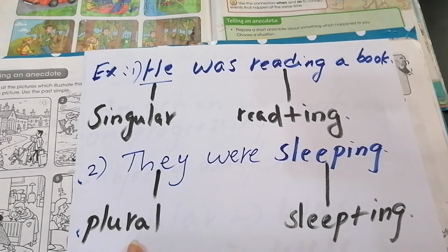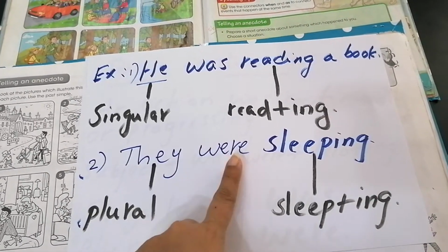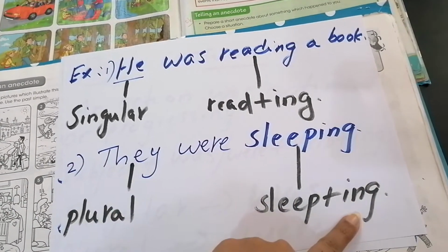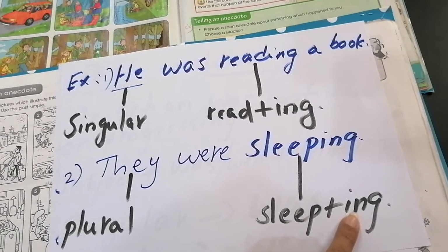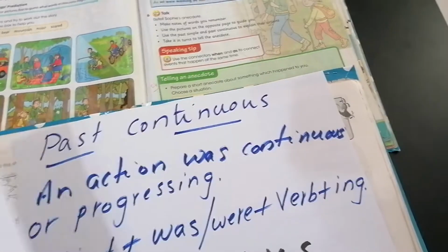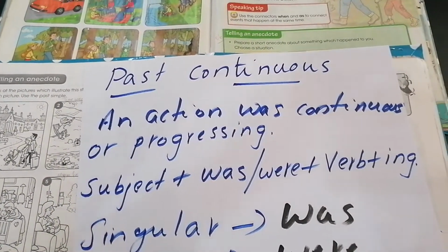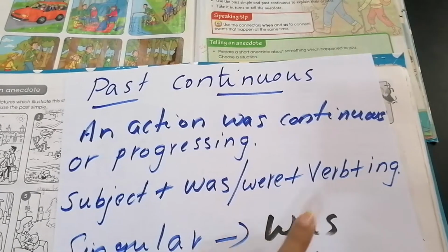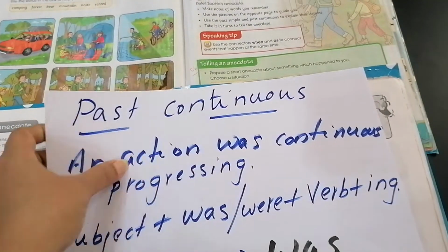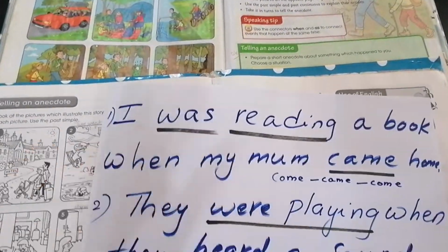They means more than one, so it is plural, and if it is plural, we use were. And sleeping means sleep plus ing, verb plus ing. So past continuous means an action that was continuous or progressing, and the format is subject plus was or were plus verb plus ing. Now in some situations we can use both past simple and past continuous together.